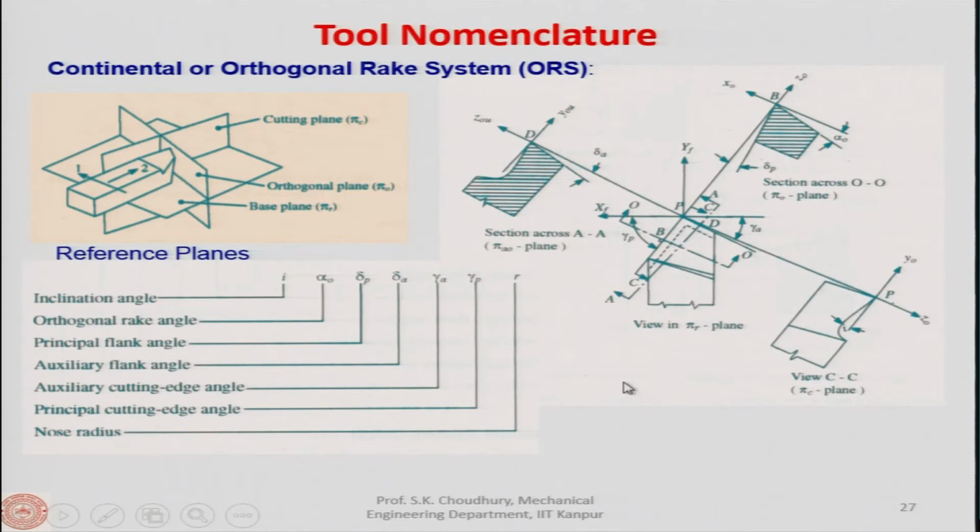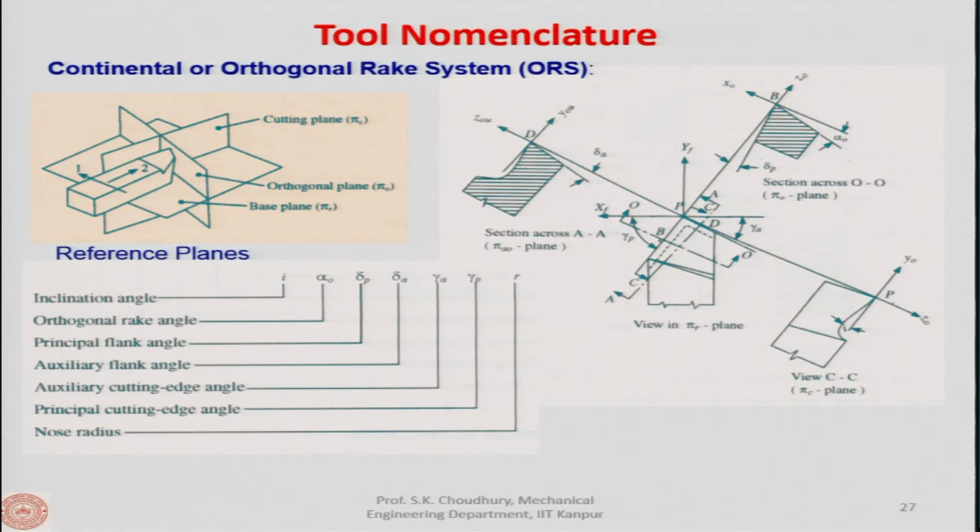All right. Now, by the way, this orthogonal rake system is the system which we adopt in India also, and some other countries like some of the European countries including Russia, Germany, probably France, I am not very sure, they also use the ORS system.